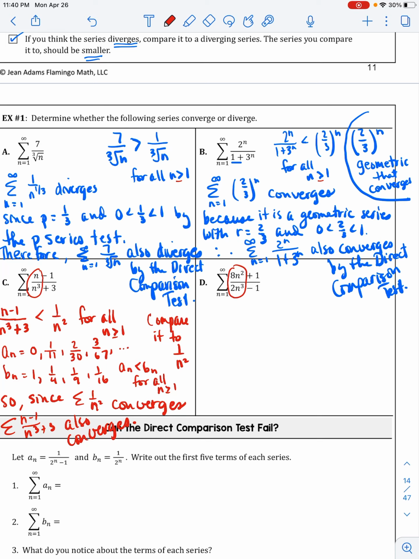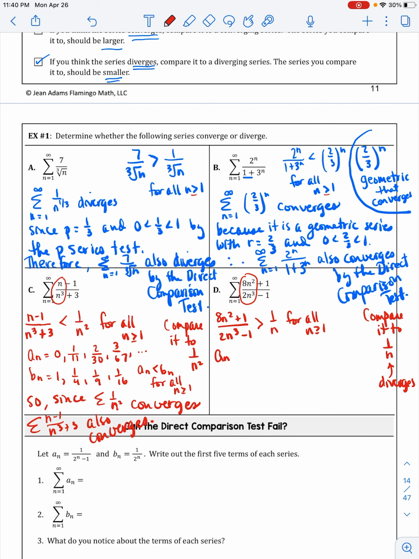Okay, and this one, if we take just the n squared divided by n cubed, it gives us 1 over n. So we're going to compare it to 1 over n. So our 8n squared plus 1 over 2n cubed minus 1 is going to be greater than 1 over n for all n greater than or equal to 1.